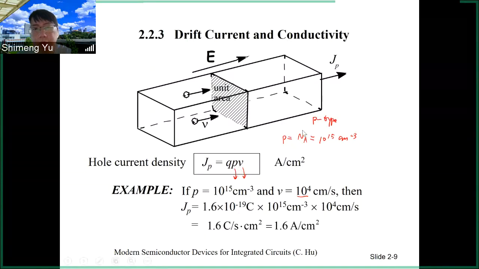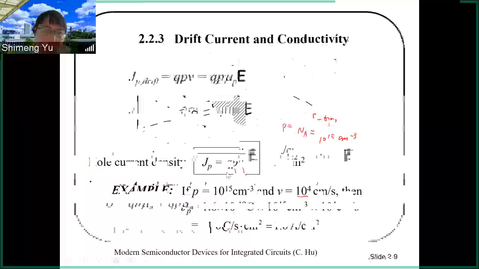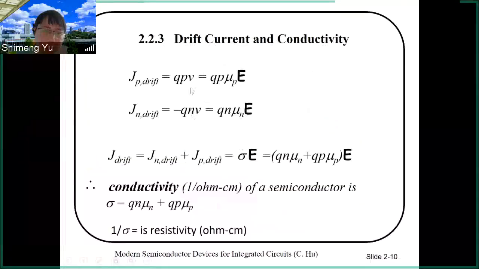We care about the hole. Of course, in n-type, then you will have the Jn. Similarly, q n v, you will change the p to the n. Then this v is the velocity for the electron. The only difference here is you have a negative sign for the electron, because the electron flow and current flow by definition is opposite.